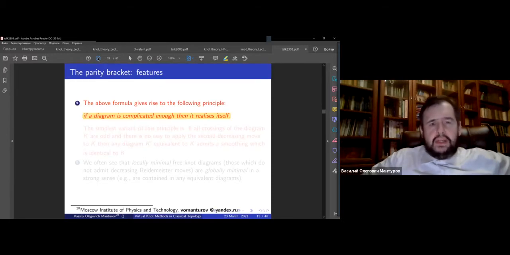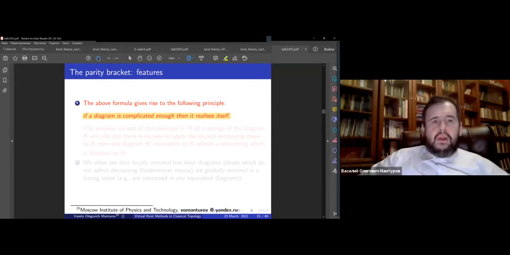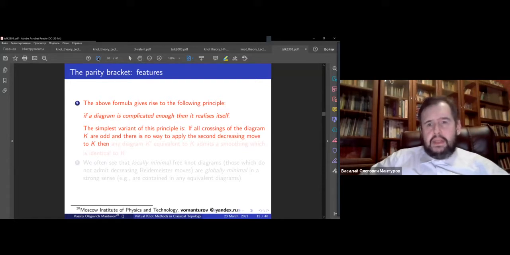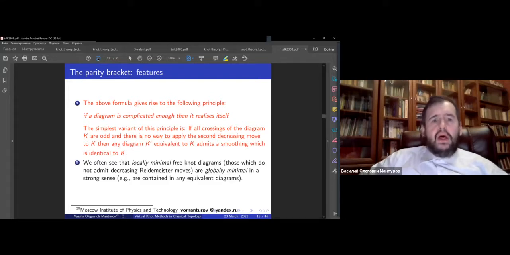So actually, this is the main principle I want to demonstrate here. And the simplest variant of this principle is that if all diagrams are odd and there is no way to apply a second decreasing Reidemeister move, then whatever diagram K' equivalent to K I take, it will have a smoothing which is identical to K. This is just an instance of my picture with cats.